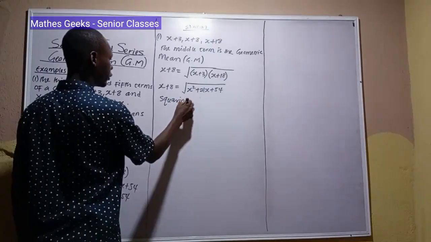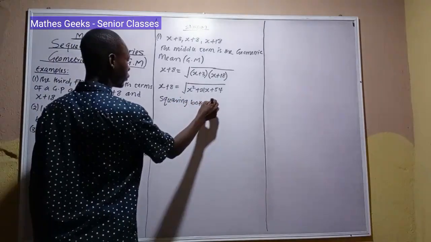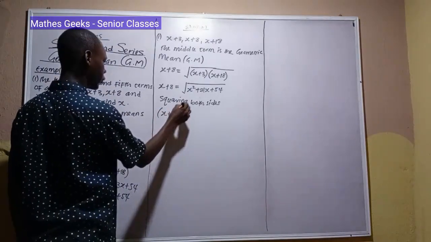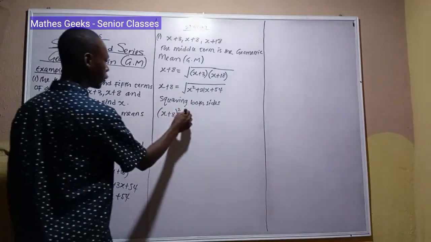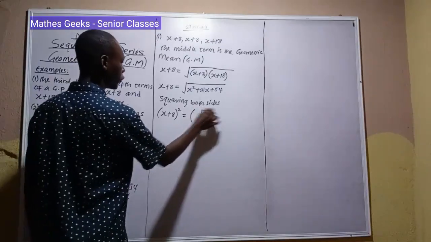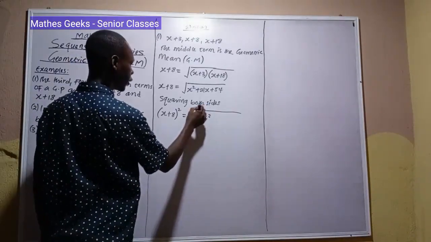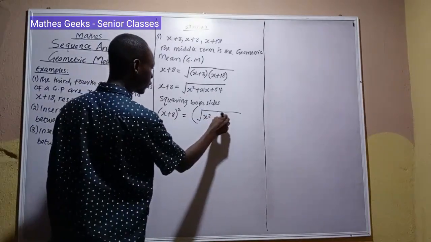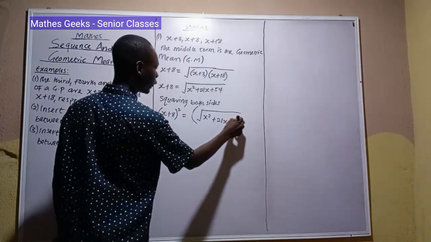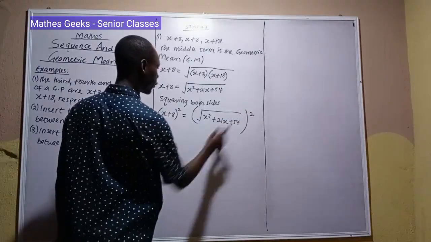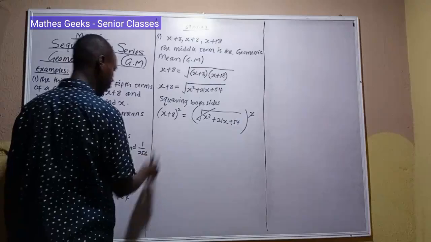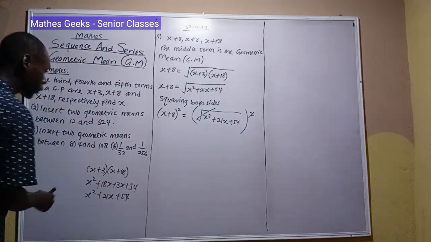Squaring both sides, x plus 8 squared is equal to the square root of x squared plus 21x plus 54, squared. So this will cancel this. Let's expand x plus 8 squared.